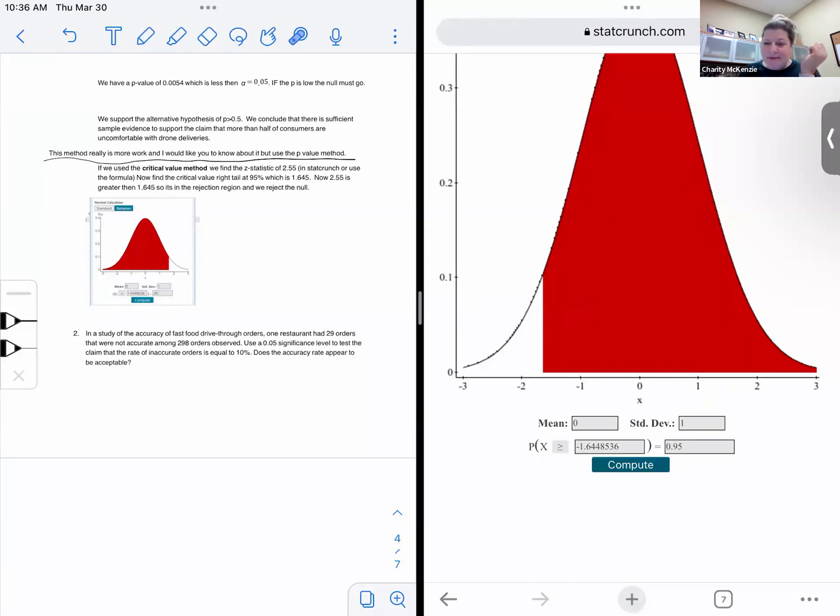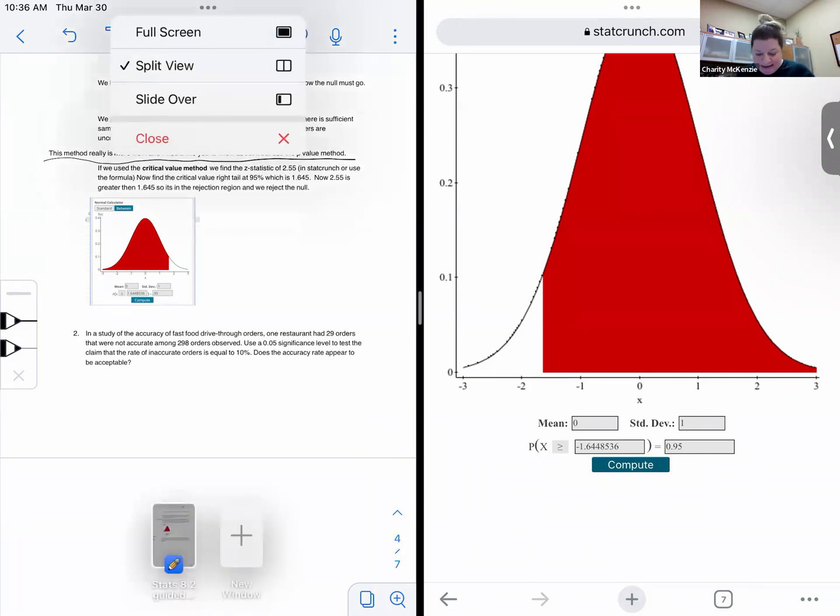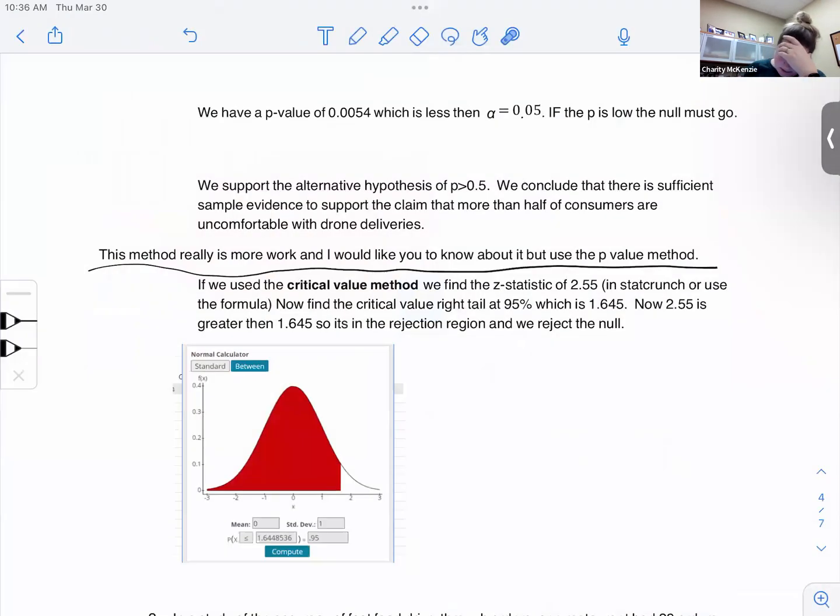That's still tricky because I was like, it's greater. So it gives us the same value, whether you're greater than that value or less than that value. So that's probably how I didn't notice my graph was kind of going the wrong direction. But is this 2.55 greater than this number here?